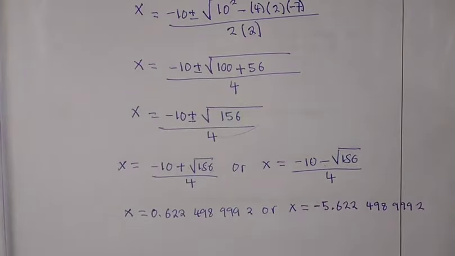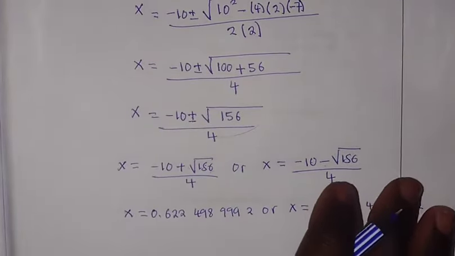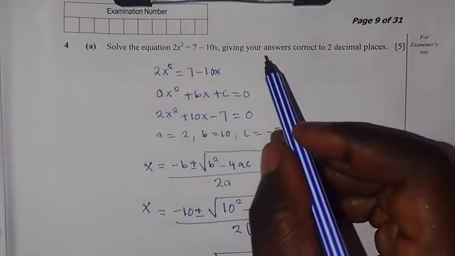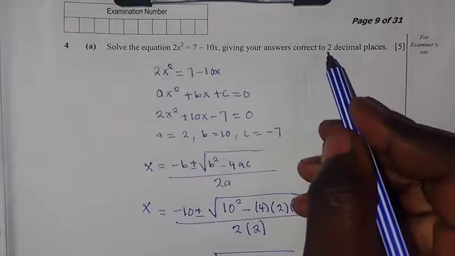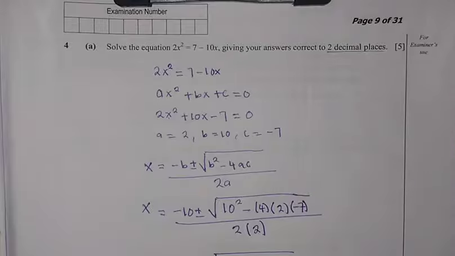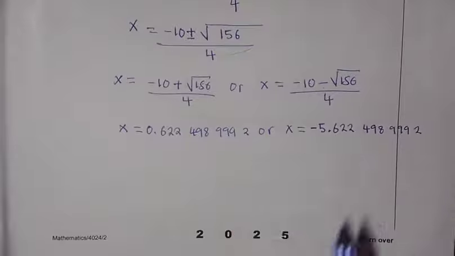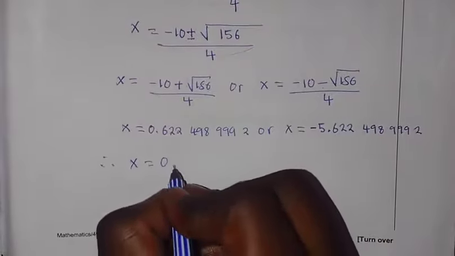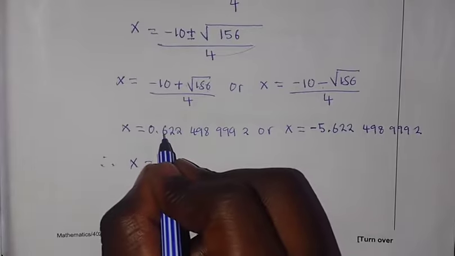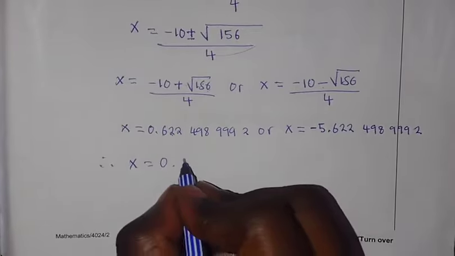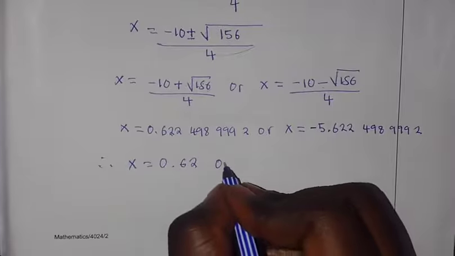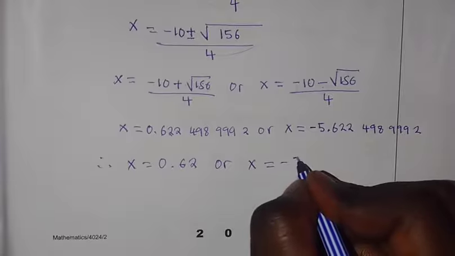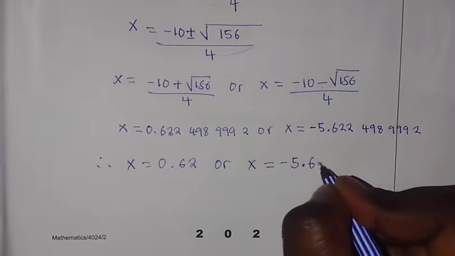Okay, now for the final answers, we need to go back to the instructions of the question. The question said we should leave our answers correct to 2 decimal places. So that is what we are going to do here. So you say therefore x is equal to 0.62, or x equal to negative 5.62.